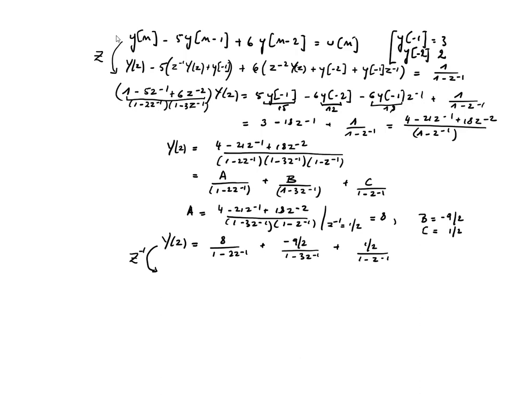And you remember that the z transform of alpha to the k times u of k is 1 over 1 minus alpha z to the minus 1.